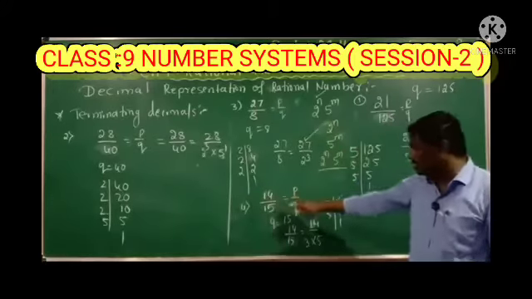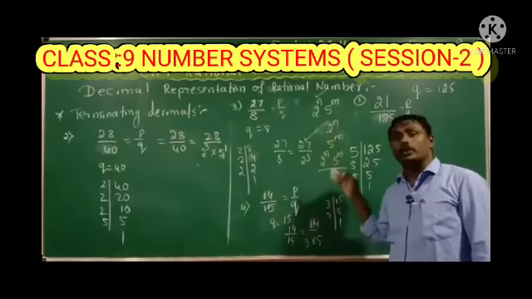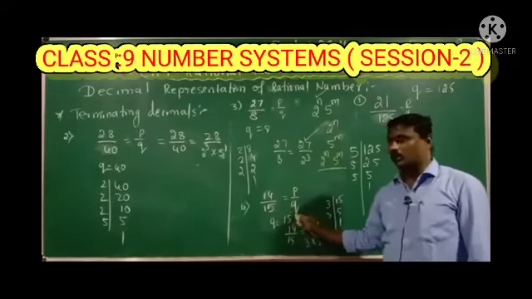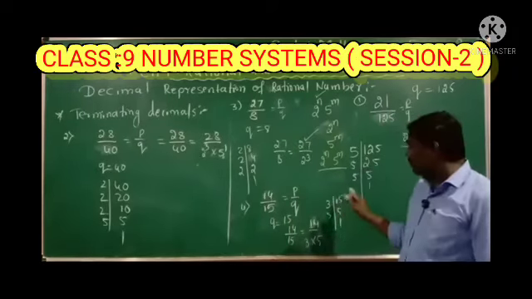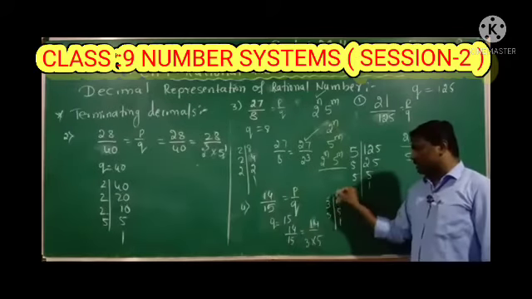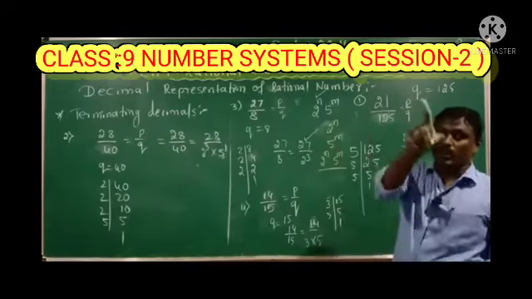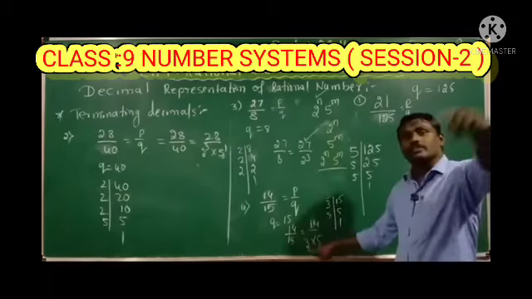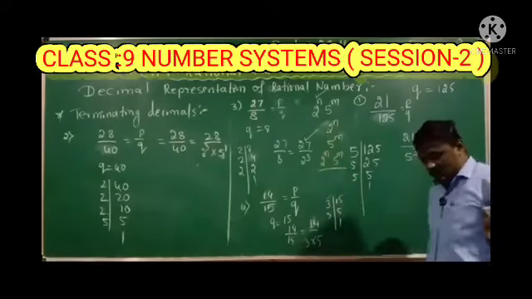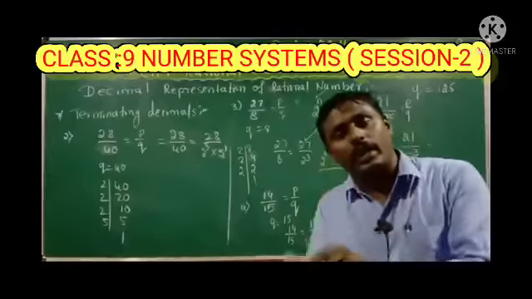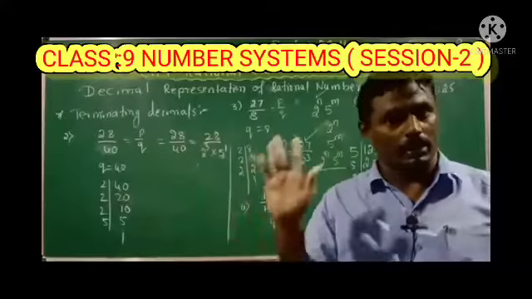Next, come to the last one, that is 14 by 15. Again it is in the form of p by q. The denominator value is 15. When I factorize it with the help of prime factorization, I will get 3 and 5. Yes, I have 5 here, but I have one more number, that is 3, which is other than 2 and 5. So once I get any number other than 2 or 5, those numbers are non-terminating.